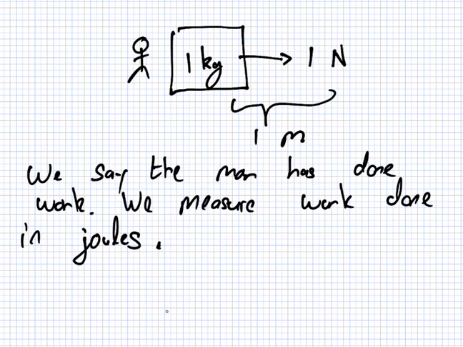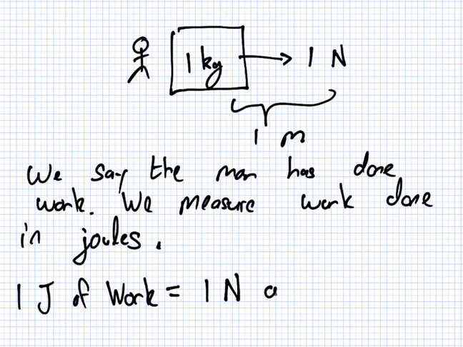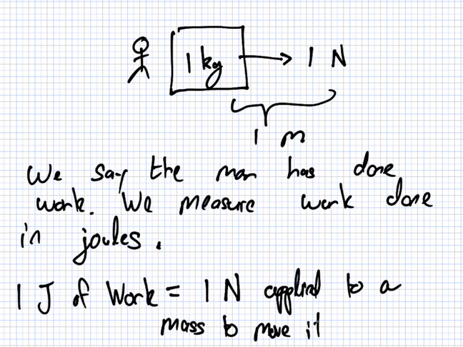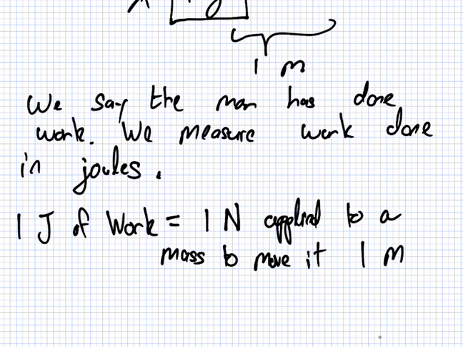And this is the definition. 1 joule of work equals 1 Newton applied to a mass to move it 1 meter. So that's 1 joule of work. If you use 1 Newton of force to move something 1 meter, that's 1 joule of work.